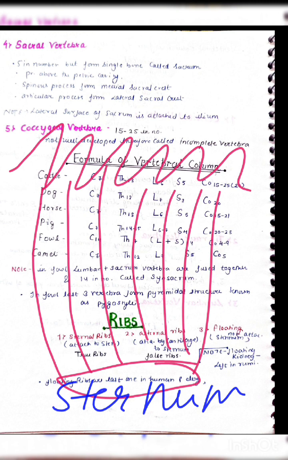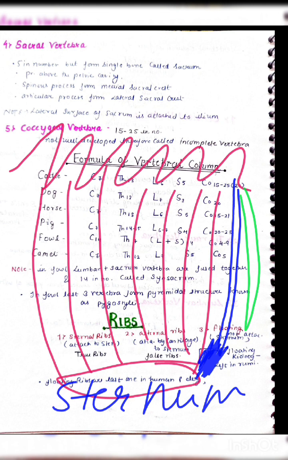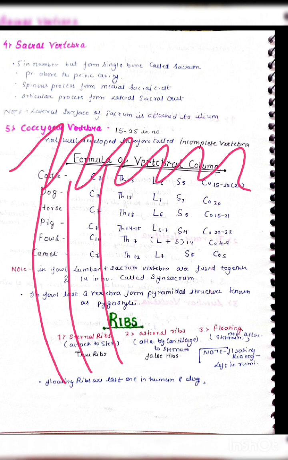In the last part, the asternal ribs are present, which are attached by cartilage. These are not directly attached to the sternum, but are attached by cartilage. And the last one is floating ribs. These ribs are not attached to the sternum. They are in a floating way, so these are known as the floating ribs.